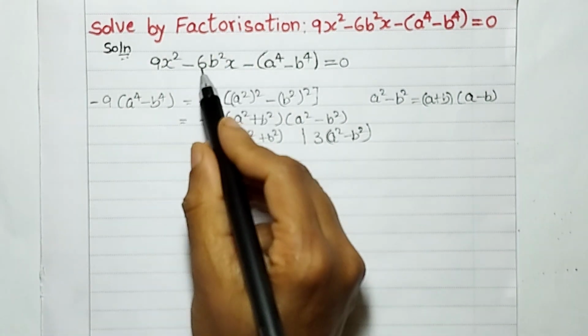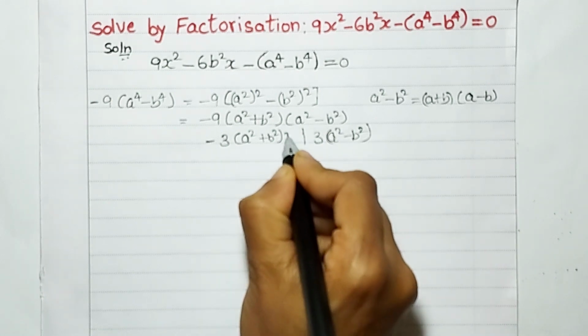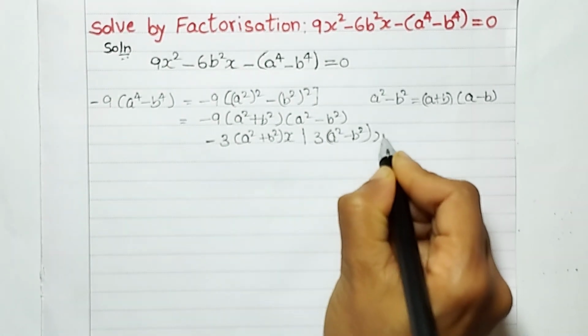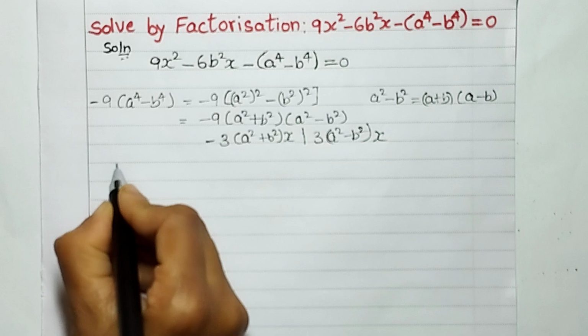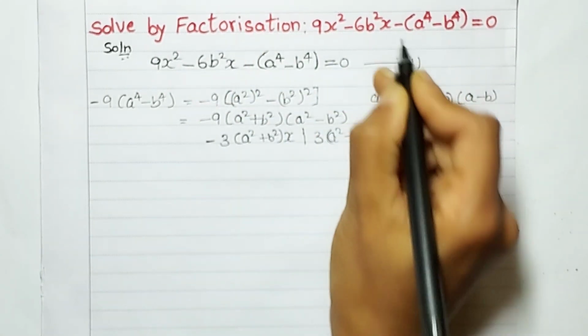Now write −6b²x as these two terms, writing x for both the terms. Take the given equation as equation 1.